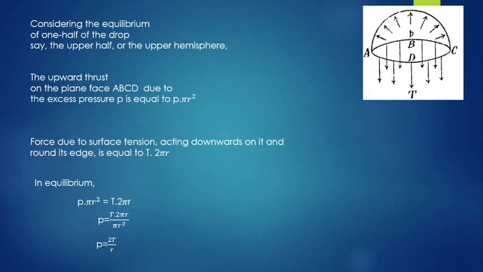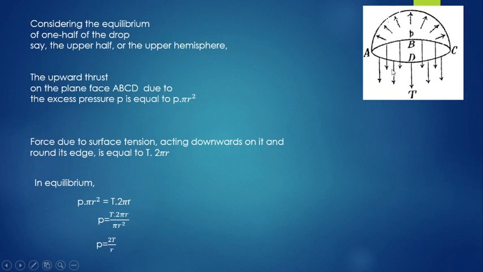Here we are considering the equilibrium of one half of the drop, say the upper hemisphere. The figure shows only one half of the upper hemisphere, and the surface tension is acting downwards.